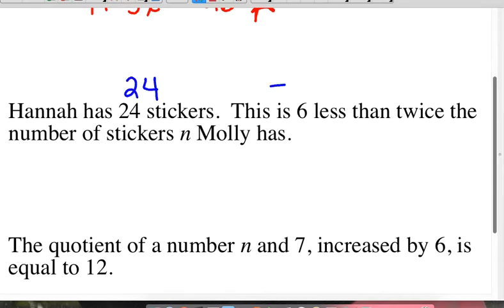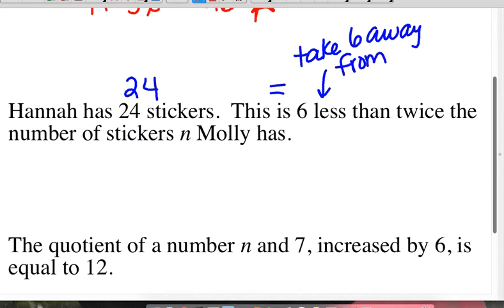This is, I see an equal sign for the word is. 6 less than means take 6 away from something. 6 less than, okay, let's keep going, twice the number of stickers n that Molly has.